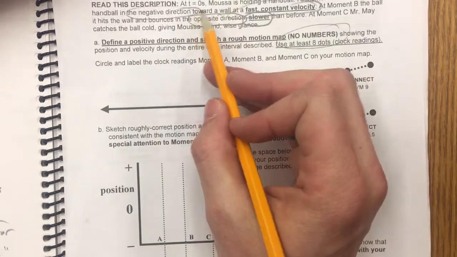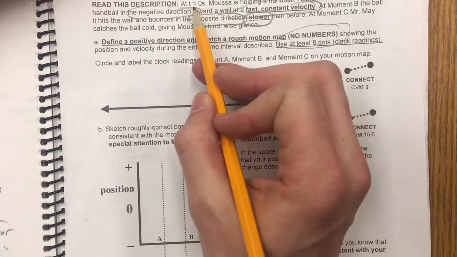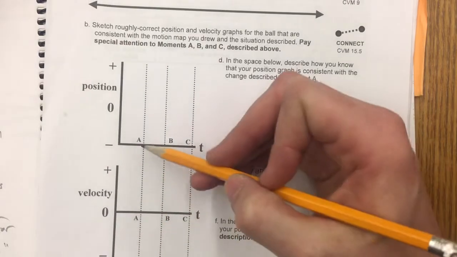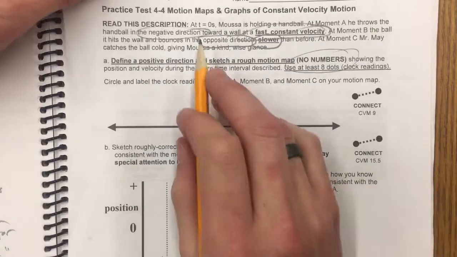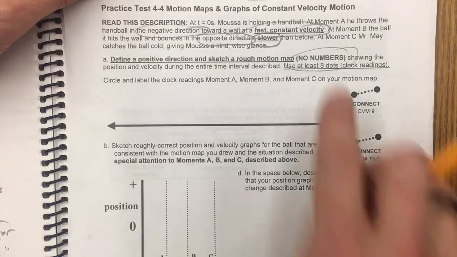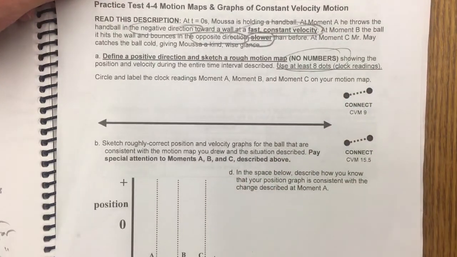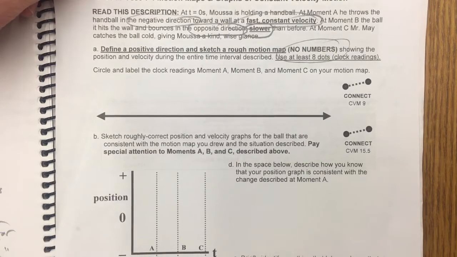So I know, for example, that between t equals 0 and moment A, shown with this dotted line here, it doesn't have a number, but it's a clock reading in time. Between t equals 0 and moment A, Musa is holding this handball and he's holding it still. So this handball is not moving.